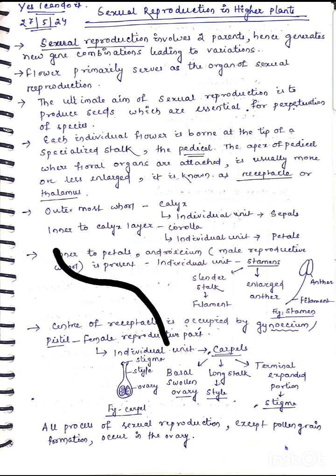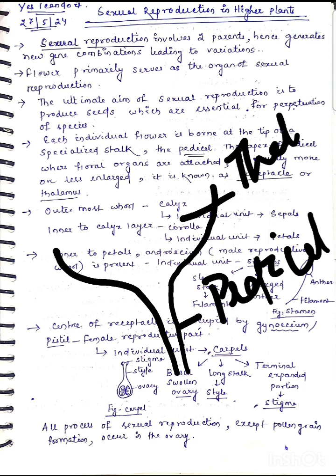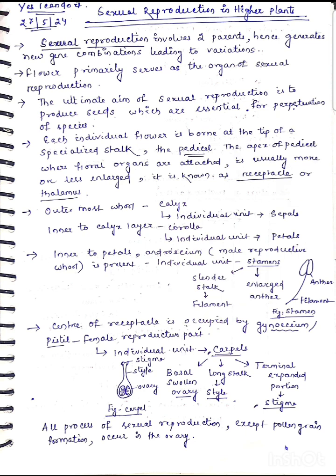Suppose this is a flower; it has the stalk called pedicel. This is the enlarged portion called thalamus. All other parts are attached to this thalamus.